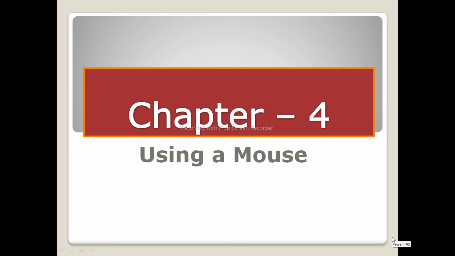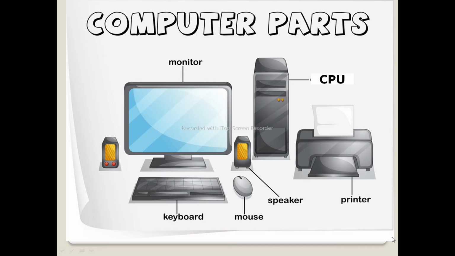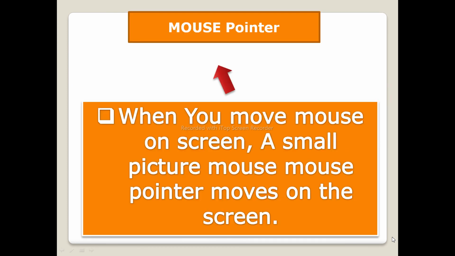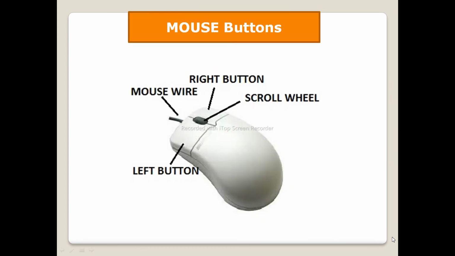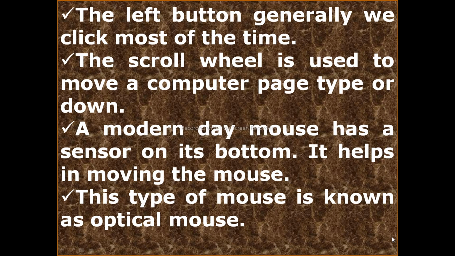So dear children, this is all for today. In this chapter 4, using a mouse, today we have covered what the use of a mouse is, what the mouse pointer looks like, what the different types of mouse are, what the mouse buttons are and their uses, left button, right button, mouse wire, and how to place a mouse carefully.